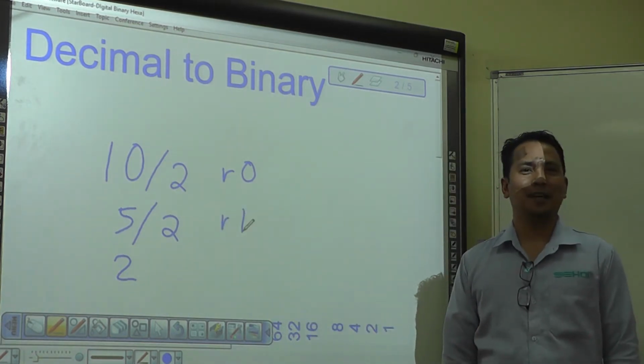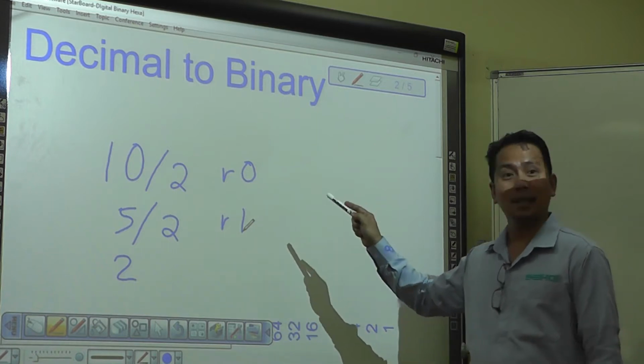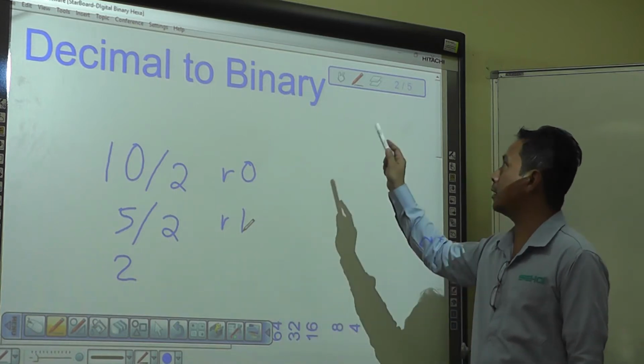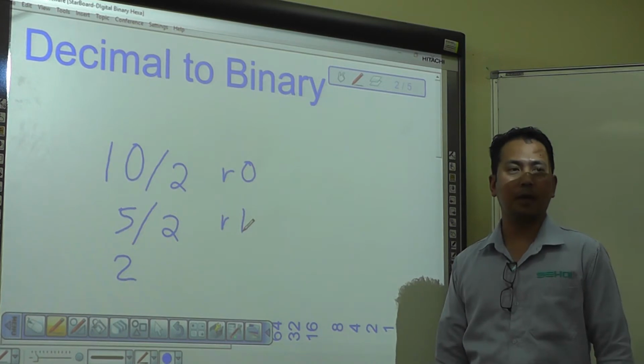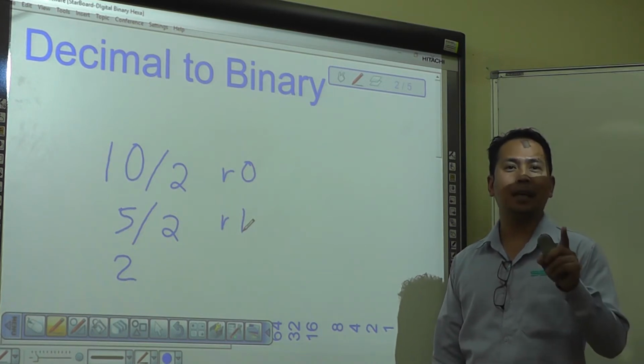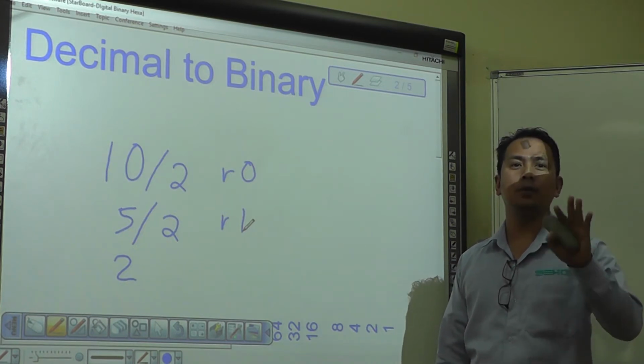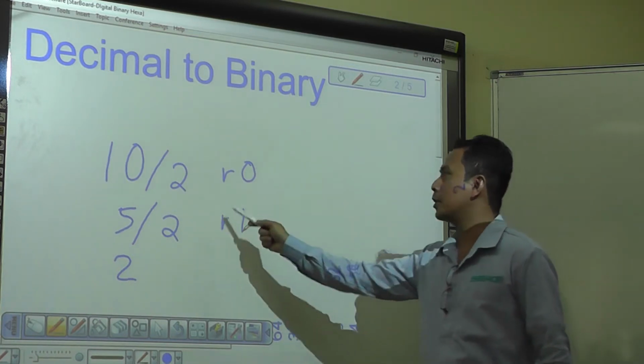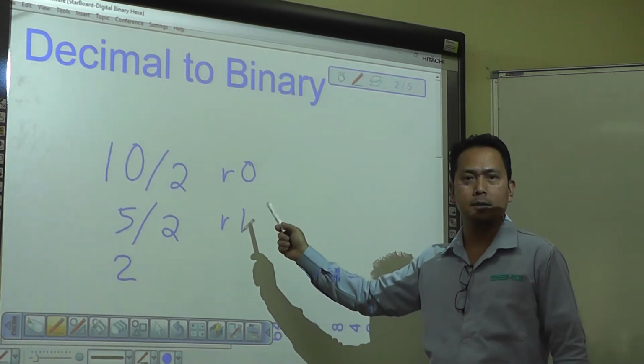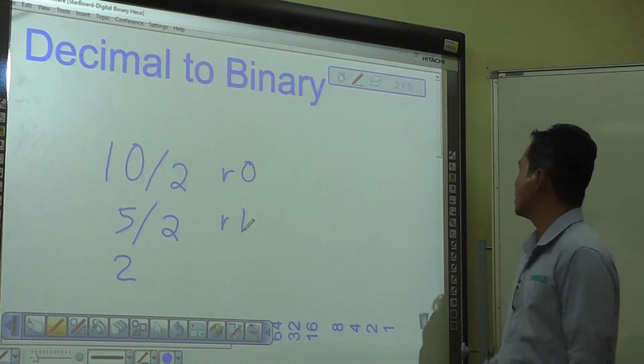Remainder 1. So the remainder has significance in doing binary. If you see 0.5 in the calculator, you simply convert it to remainder 1.